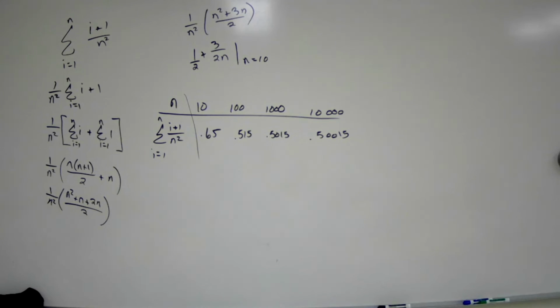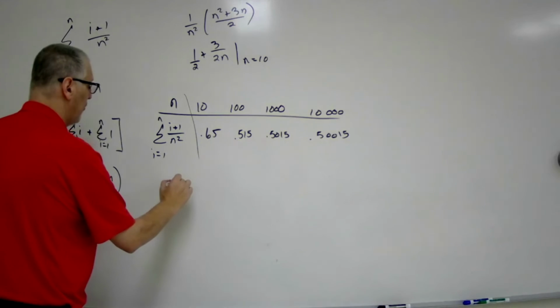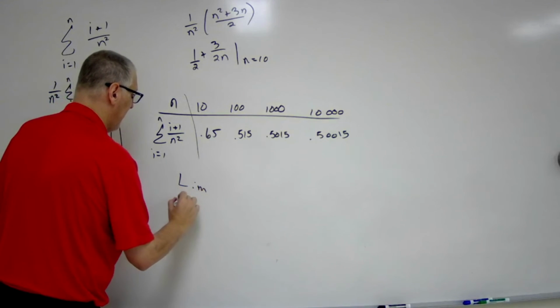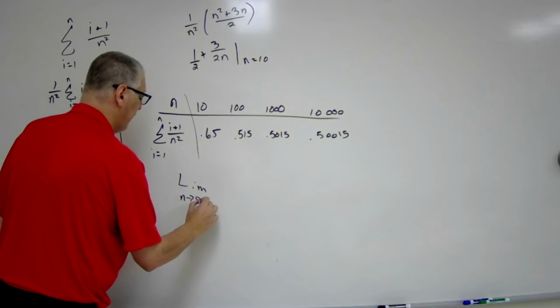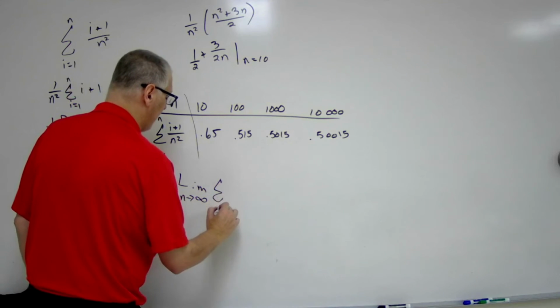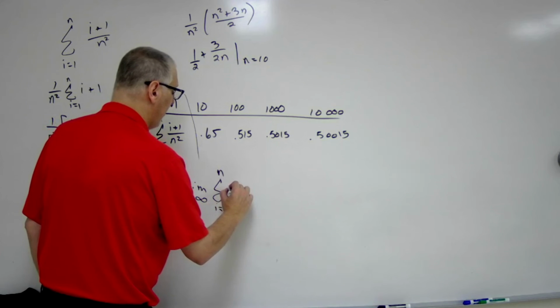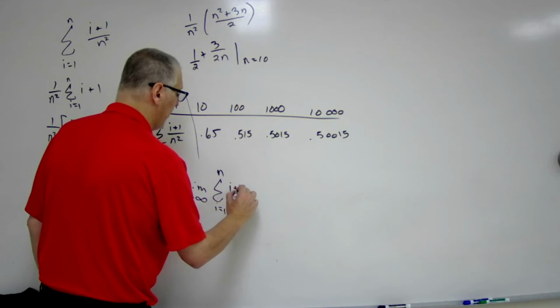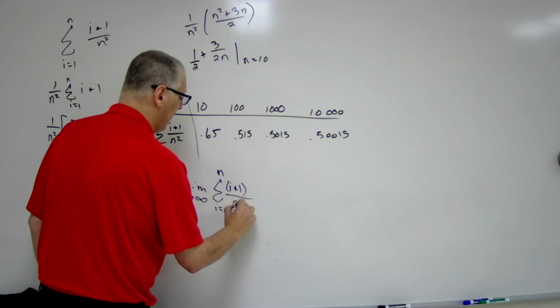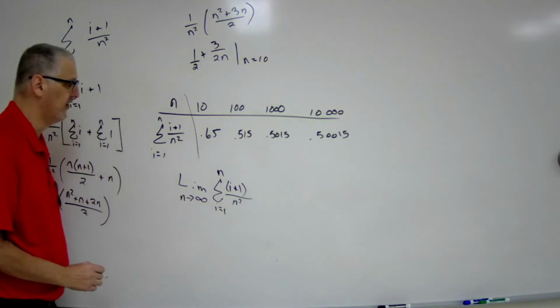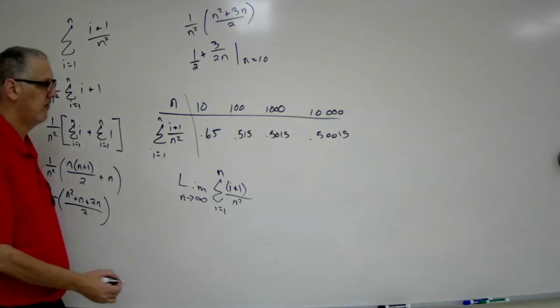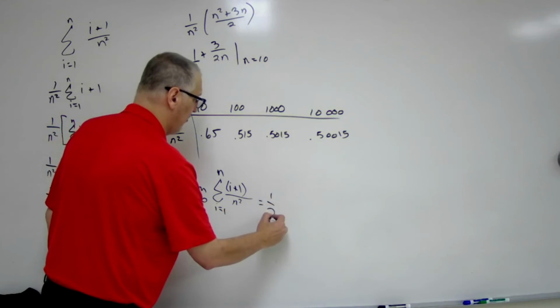0.5. So if I asked you, what is the limit as n approaches infinity of the sum of i equals 1 to n of i plus 1 over n squared, what's your answer? 0.5. 1/2.